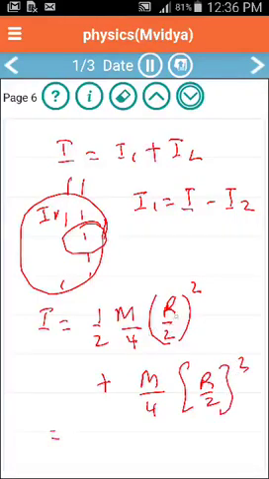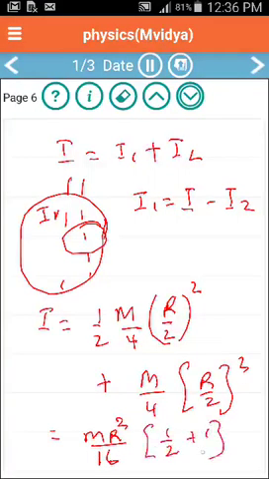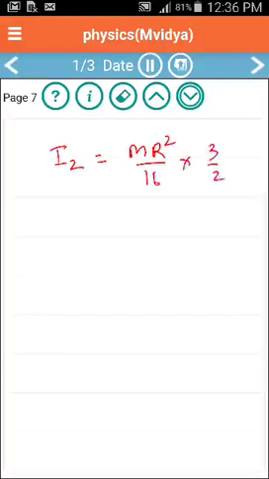So I can take mr squared upon 4 into 4 is 16. Mr squared by 16 common into 1 upon 2 plus 1, which is 3 upon 2. So my I2 is mr squared upon 16 into 3 upon 2, or 3 upon 32 mr squared.